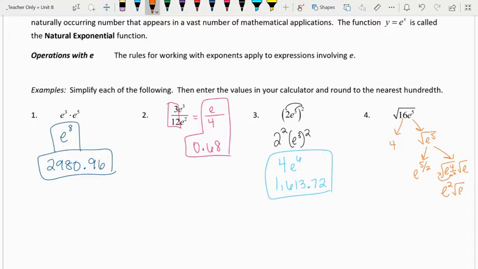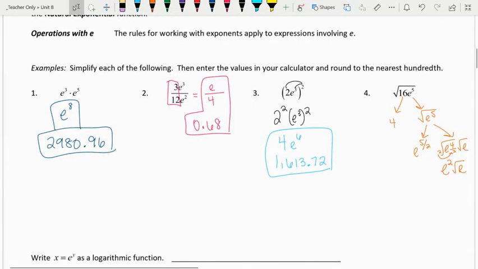And then the square root of e is left over. So we really have 4e squared, square root of e. If you type that into your calculator, 4e squared, square root of e, and again, if you're just using e, you do need to put 1 as the exponent. You get 48.73.